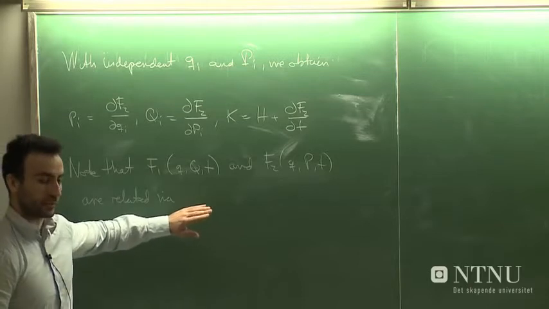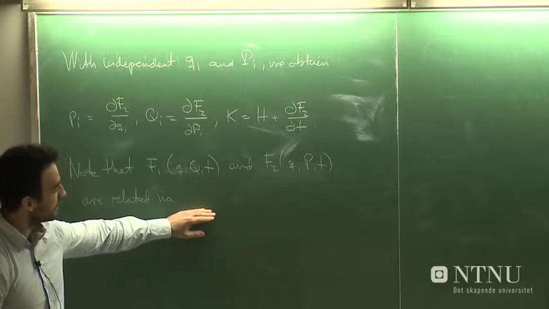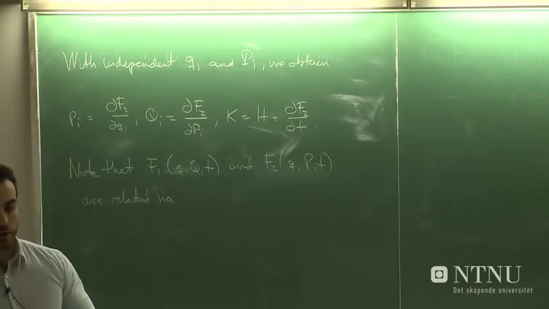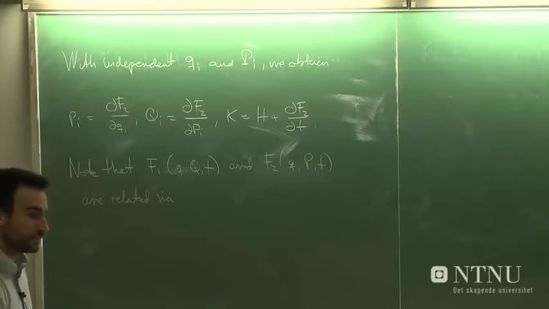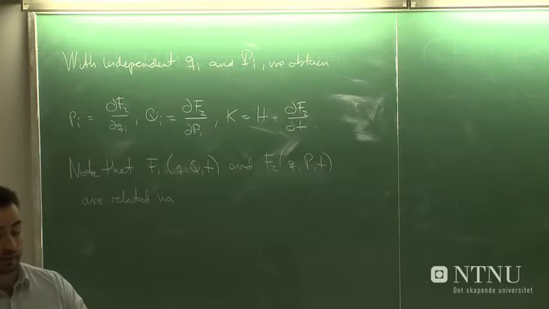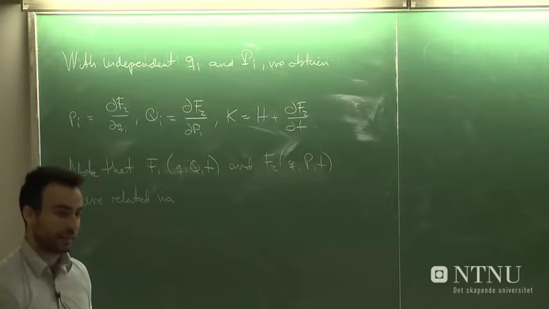So what's the missing word here? f1 and f2 are related via something we made use of when going from the Lagrangian to the Hamilton formalism.